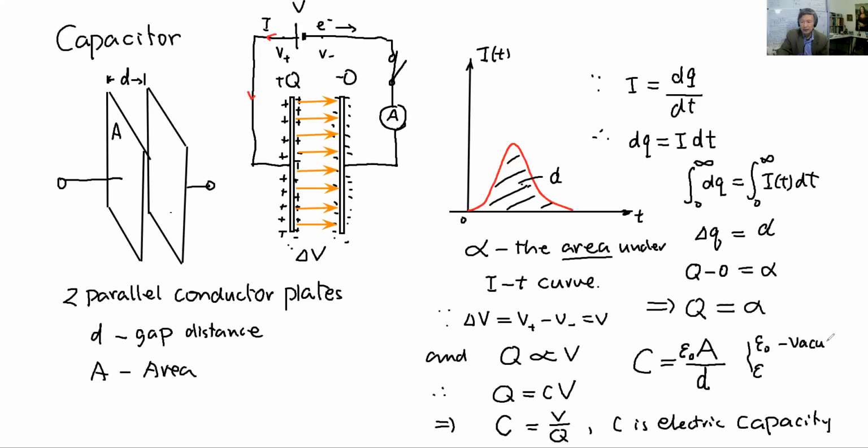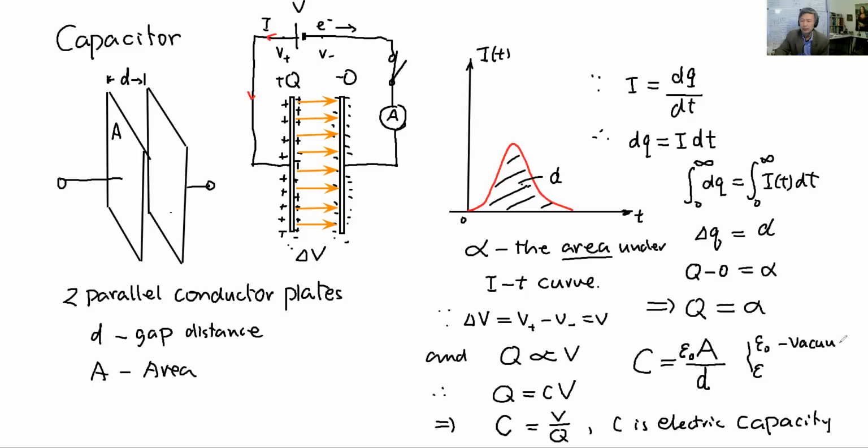Last time I read it wrong. This one is for vacuum. This is for the medium, which could be air or a substance. It has a proper name: the dielectric constant.